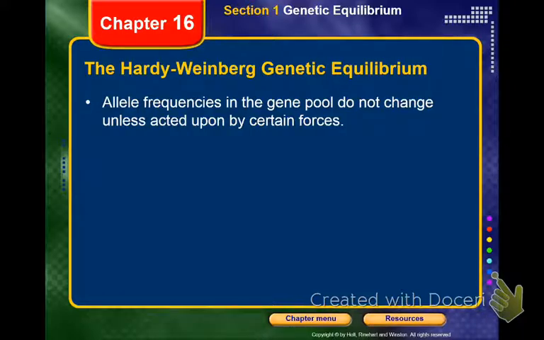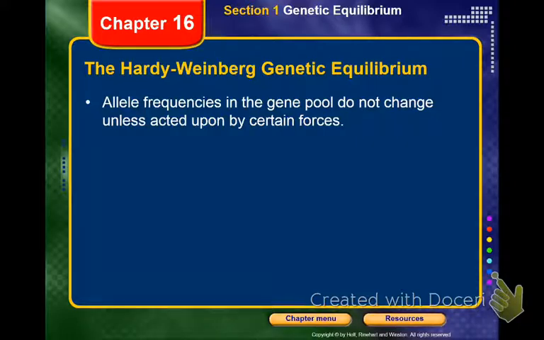And they said that allele frequencies in the gene pool do not change unless they're acted upon by certain forces. So what are the conditions that need to be met in order for Hardy-Weinberg to be true?